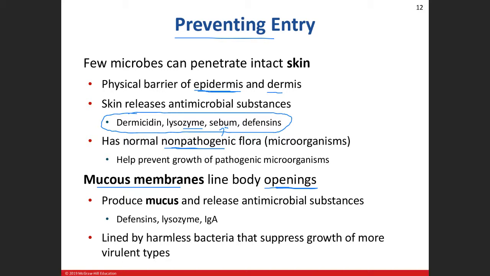All right, so yes, they produce mucus, all right, which will have these antimicrobial substances, again, defenses, lysozyme, and then this guy right here, IgA. It's an antibody, an immunoglobulin, specifically. That's what the Ig stands for. Okay, so now you're seeing one of the first classes of your antibodies or immunoglobulins present in your mucous membrane.